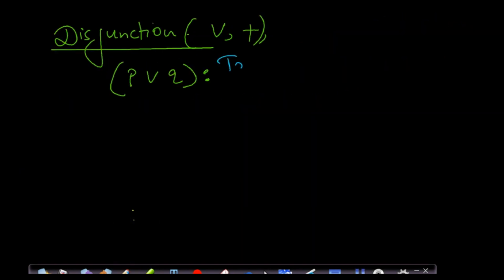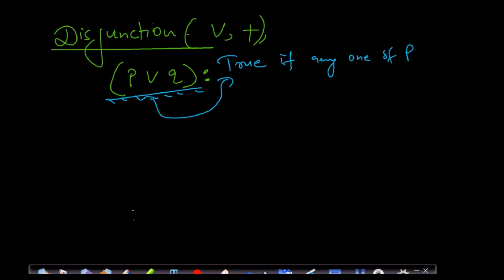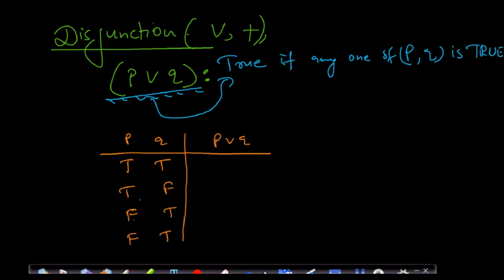This compound proposition's truth value will be true if any one of P or Q is true. Now here both are true, so this will be true. Here P is true, Q is true. True. Sorry, this is false and false.